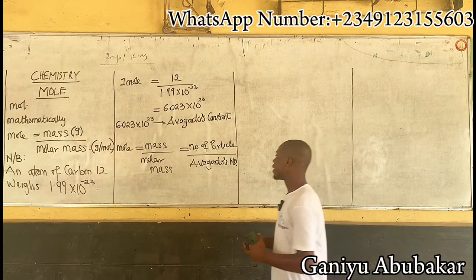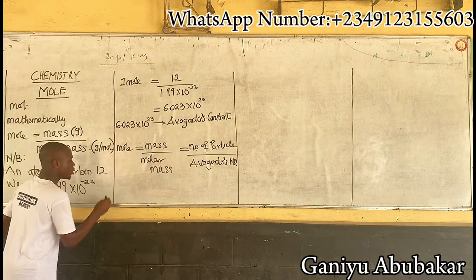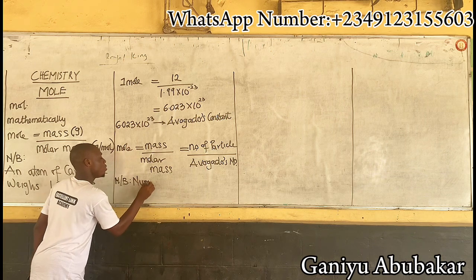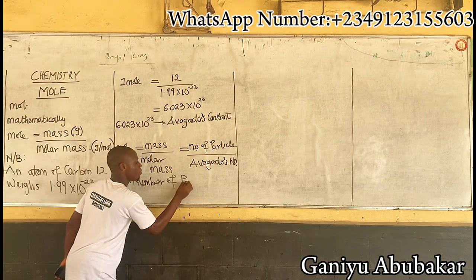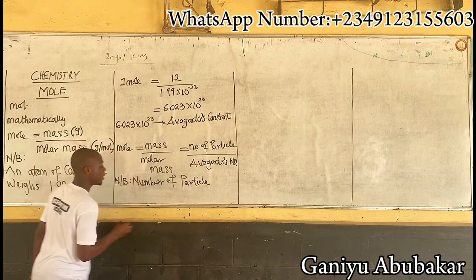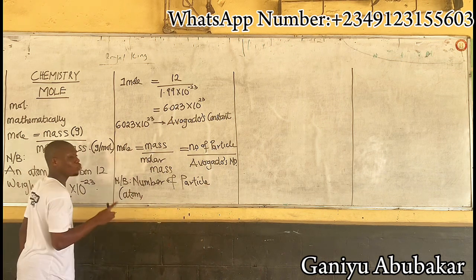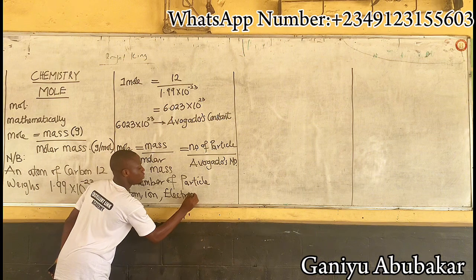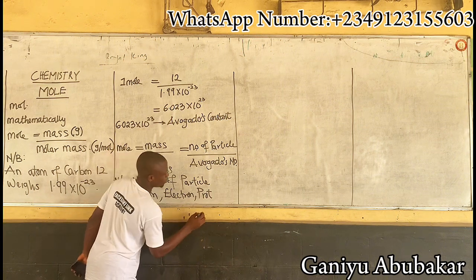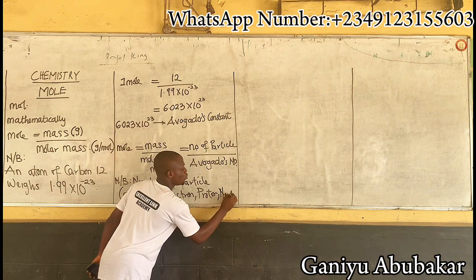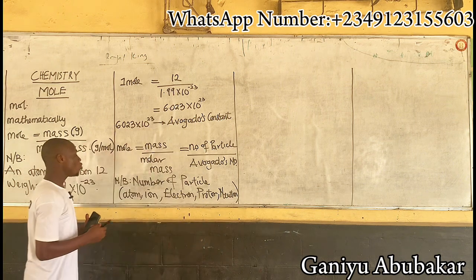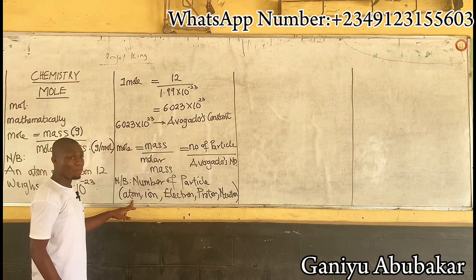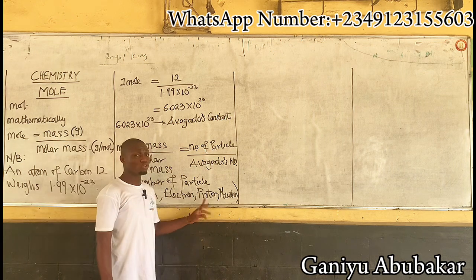Note that the number of particles we're talking about can be an atom, ion, electron, proton, neutron, etc. So when it comes to number of particles, the particle can be an atom, ion, electron, proton, or neutron.